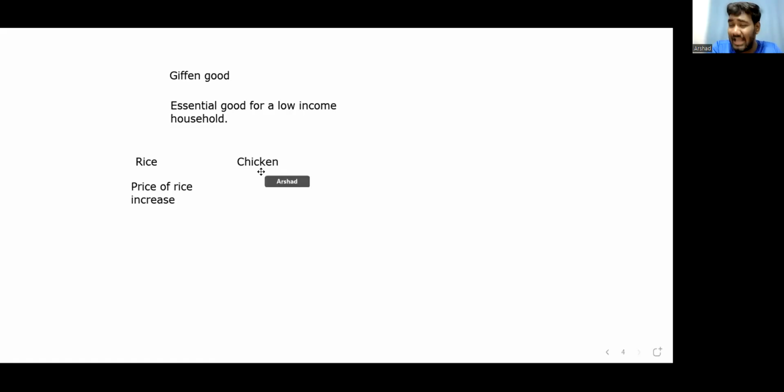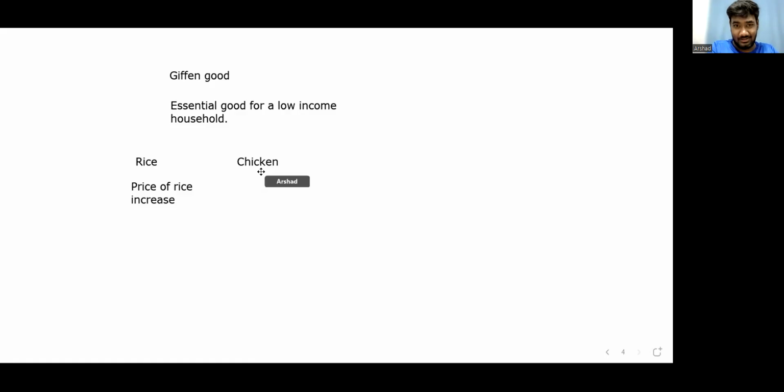We don't even have money now to afford chicken. This is what is happening in Sri Lanka now. Rice is expensive now, we don't even have money to afford chicken. So they will stop eating chicken and spend that money also to buy rice.